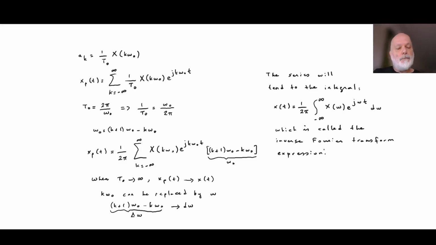Okay, so this means that whenever X of omega is given, we can calculate x of t from X of omega by means of this integral, which is called the inverse Fourier transform.